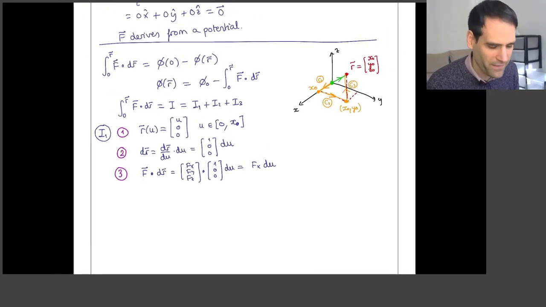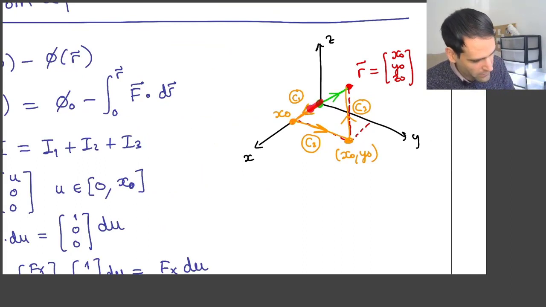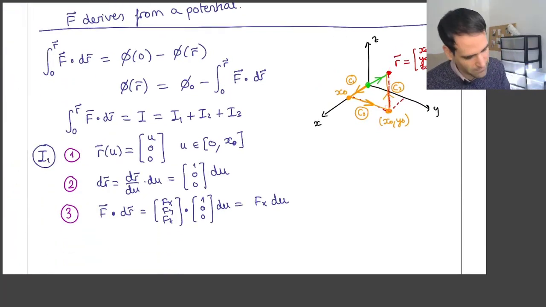That's very simple, and that's one of the reasons why we choose these paths: here dr will be 1, 0, 0 du, here dr will be 0, 1, 0 du, and so on. You will see that it will make the dot products very easy.